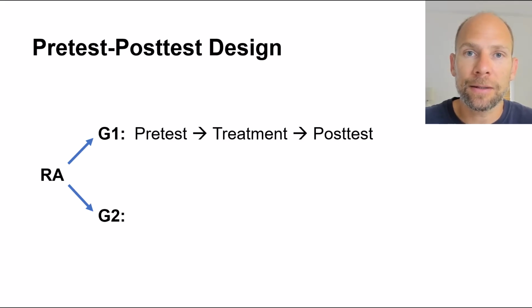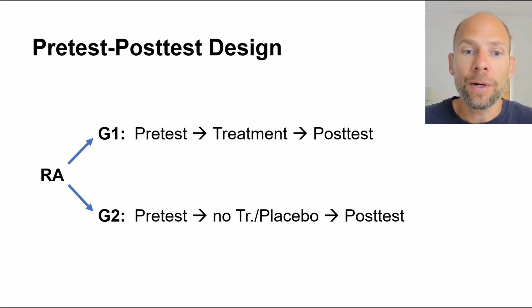In this case, they start smoking. And then at some point we do the post-test to see how many people in that group got sick. In the second group, we would have a pre-test as well. And then we would administer no treatment or a placebo treatment. So in this case, people wouldn't smoke. And then they would also be post-tested after a certain phase.